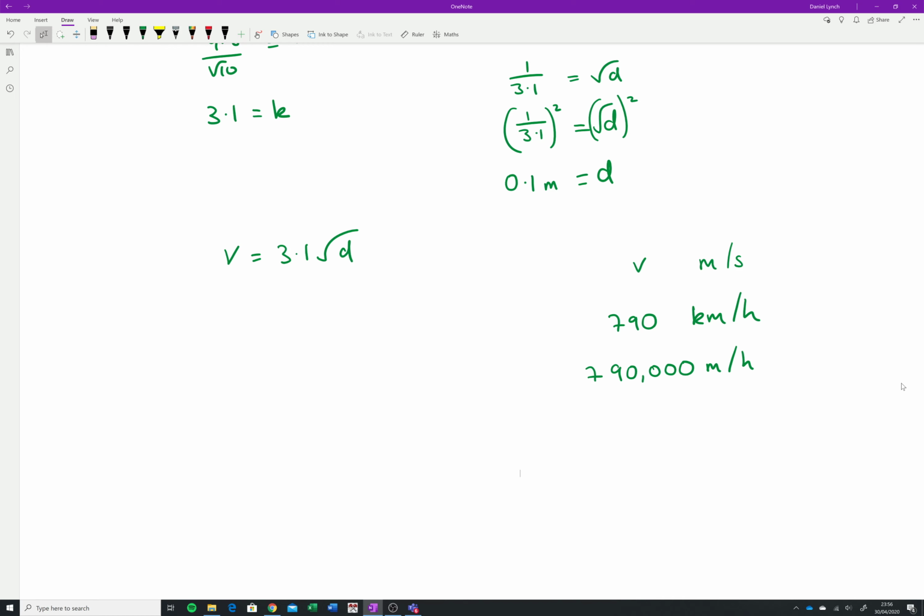So we would take 790,000 and divide it by 60 to go from hours to minutes, and divide by 60 again to go from minutes to seconds. So it comes out as, really it's best written as a fraction, 1975 over 9 meters per second.